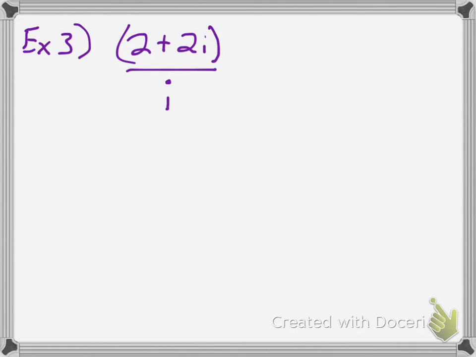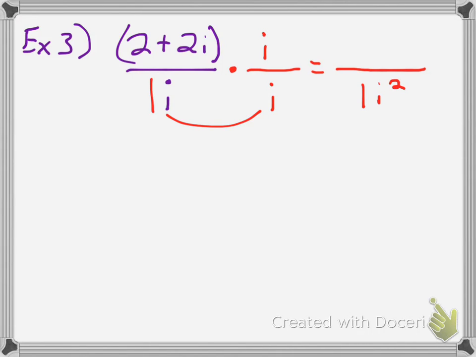So what I'm going to do is, not one there, put one there. And since I'm dividing by an imaginary number, let's just multiply the top and the bottom by an imaginary number. Let's multiply the bottom out, because that's going to be simple. 1i times i is 1i squared.